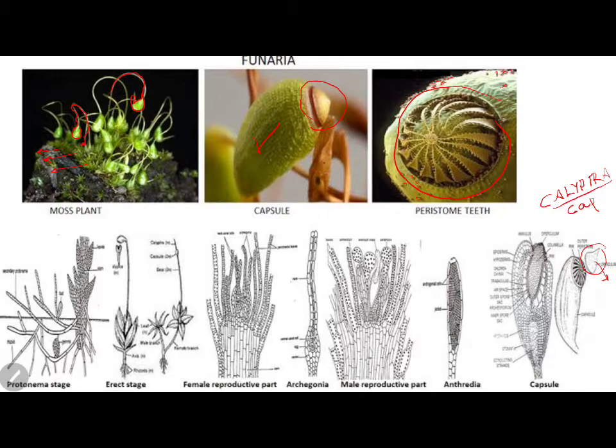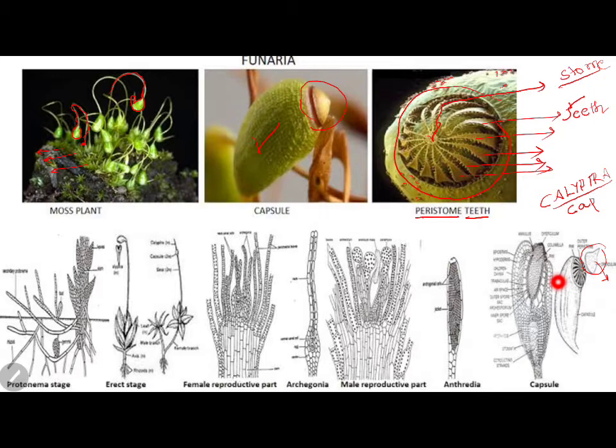If you see, whatever you are seeing like blades of the propeller, they are called teeth, and at the center there is an opening called stome. Stome means opening in biology. Because the teeth are surrounding the stome, we call these teeth peristome teeth.